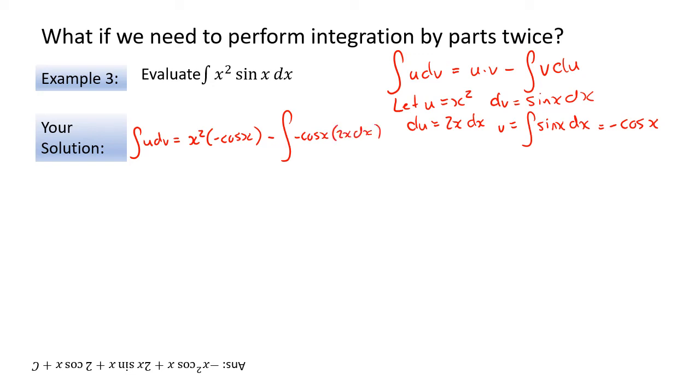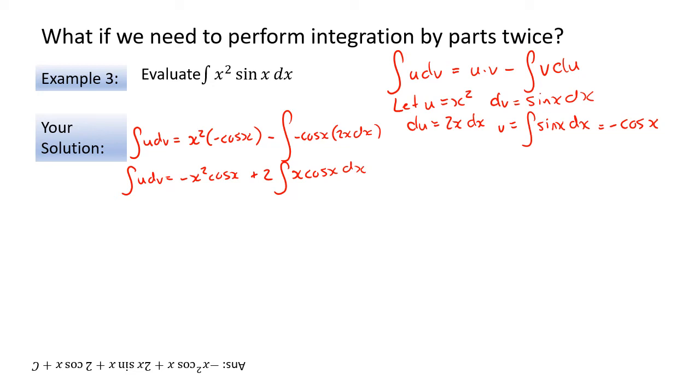So you can see I'm going to simplify this first. So I have the integral of u dv is equal to negative x squared cosine of x. And then we have two negatives here and a 2. So I'm going to move the constant outside of the integral. So plus 2 times the integral of x cosine of x dx.